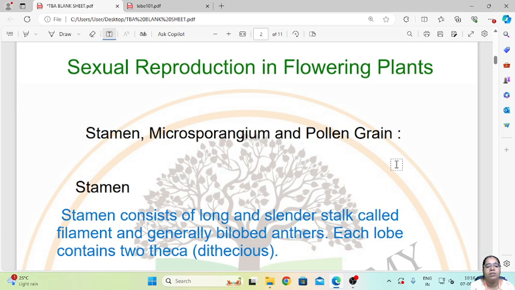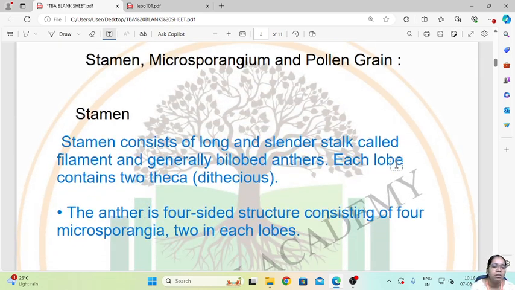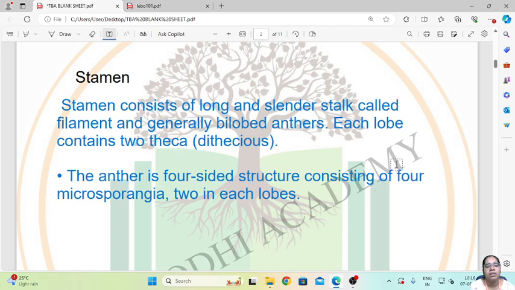So this stamen will undergo microsporogenesis to form what? The pollen grain. So we will study this process in detail now. So what are stamens? So the stamens consist of a long slender stalk called a filament and the generally lobed anther. So this is the structure of the stamen which we have studied in our last video.